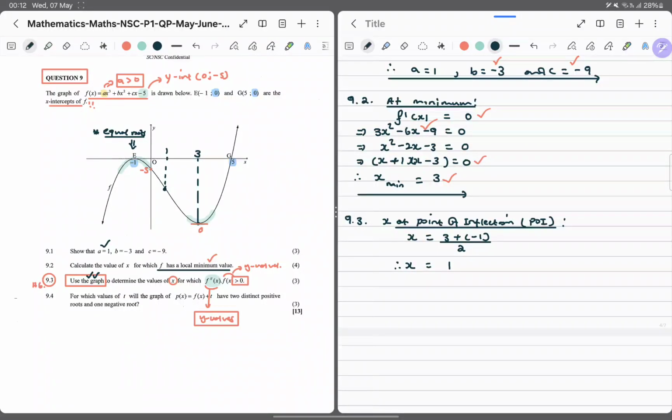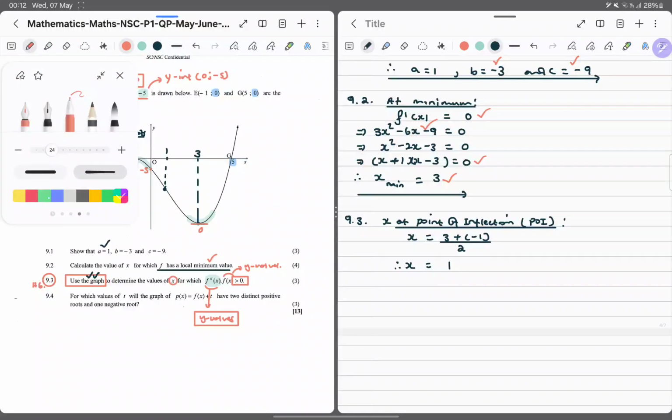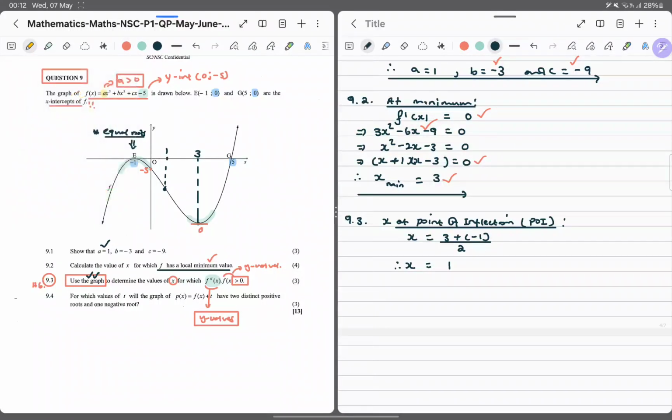So after we have done this, what do we know? We can decide for ourselves that, look, if a is greater than 0, we understand perfectly that the graph of the second derivative is going to have its x-intercept here. We're not going to necessarily draw a sketch that is to scale.